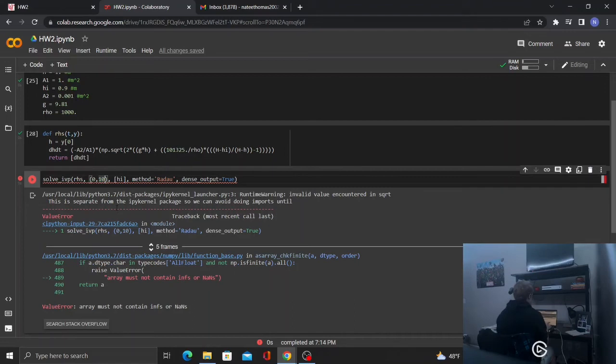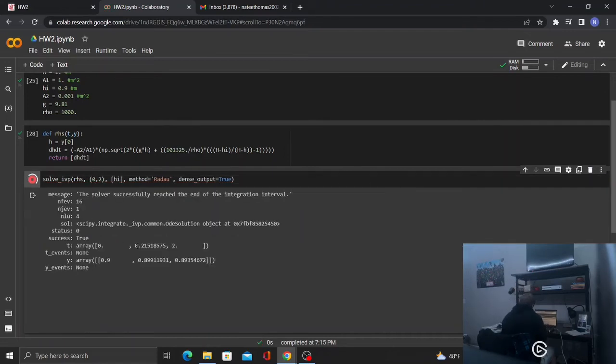So maybe we can try a different number like 2 and see if it'll run. And yes, it will. So as you can see here, at 2, the height will be 0.89, whatever.